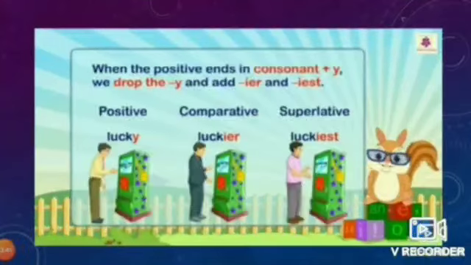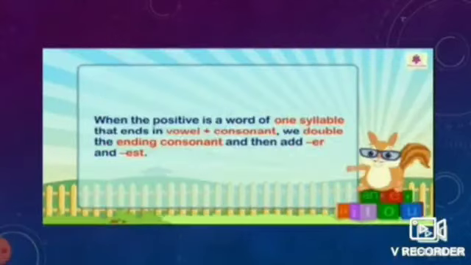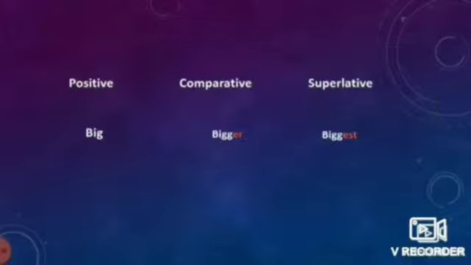For example, lucky, luckier, luckiest. When the positive is a word of 1 syllable that ends in vowel plus consonant, we double the ending consonant and then add ER and EST. For example, big, bigger, biggest.